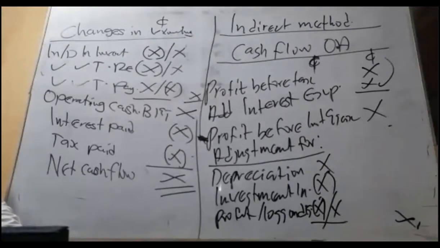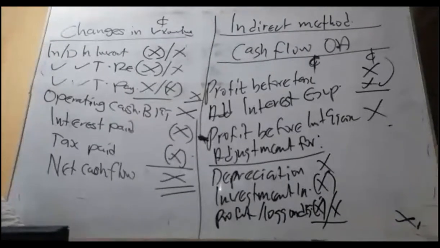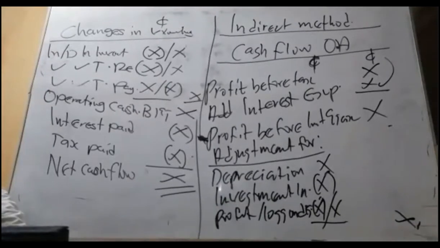Now let's pick the next illustration, example 2. Let's clear example 2 from the way. If you have any question or challenge with the format, let me know. The challenge in the cash flow statement is the cash flow from operating activity.